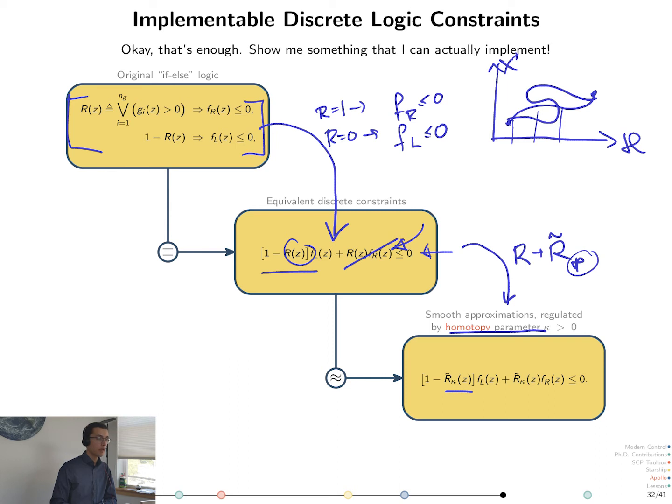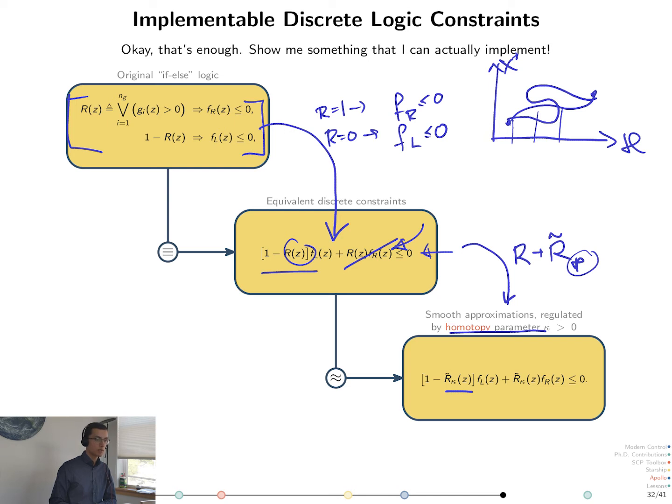Now, to use sequential convex programming, where we can hope for some real-time performance, we need to make this constraint go from an integer constraint to a smooth, or differentiable, constraint with continuous variables. We do this by replacing R with a smooth approximation of R that I note down by R tilde kappa.